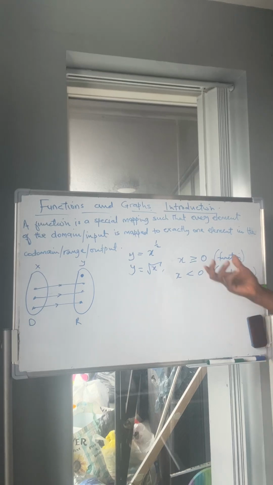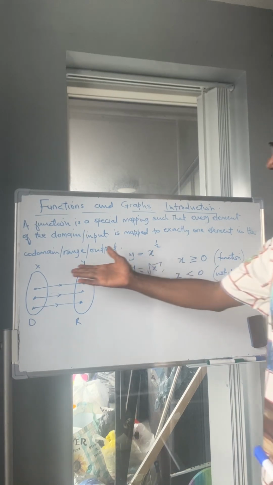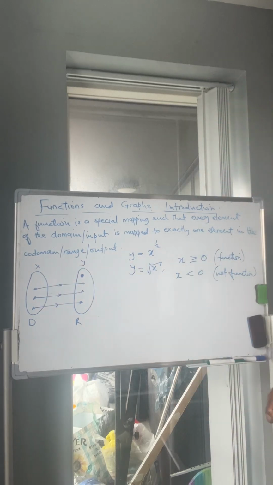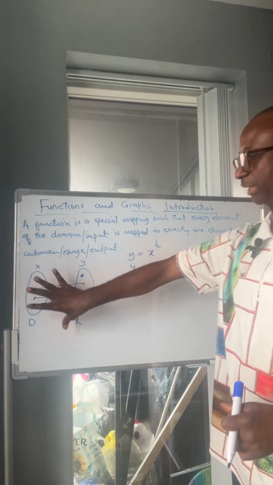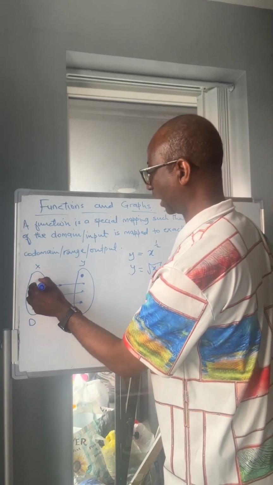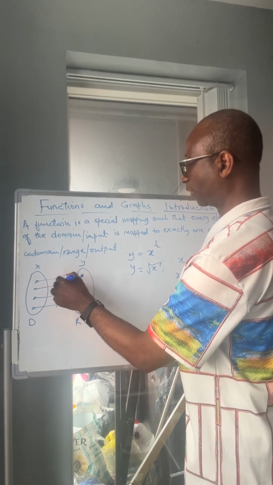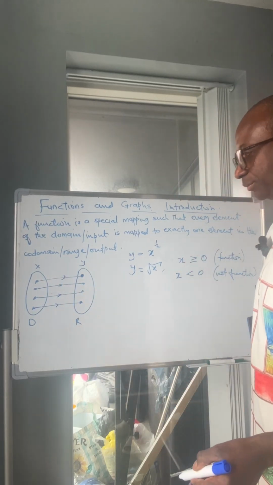Right? So by doing something to the domain, by giving some restriction here, one option is we add something here, and then we have a one-to-one function.